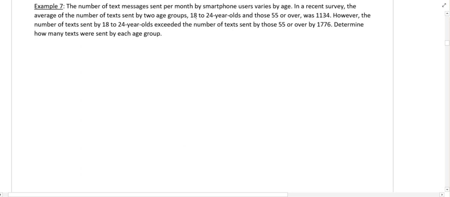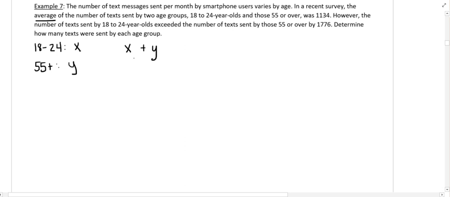So the first thing you have is you have an average. So an average is where you add two things together and then divide by how many. So we are going to do 18 to 24-year-olds. We're going to let that be X. And we're going to have 55 and over. We're going to let that be Y. So the average of 18 to 24-year-olds was 1134.